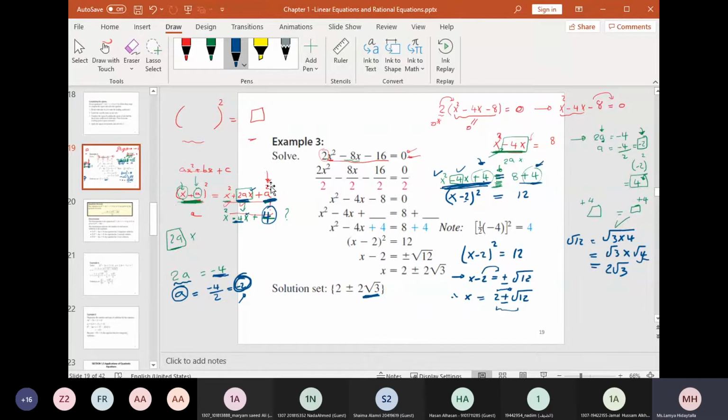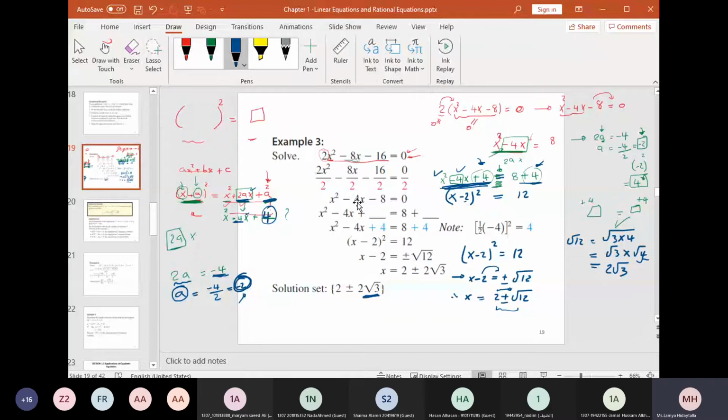So what I'm actually looking for is this term, to add it to have a complete bracket like that. So what do we do? We divide the middle term over 2.